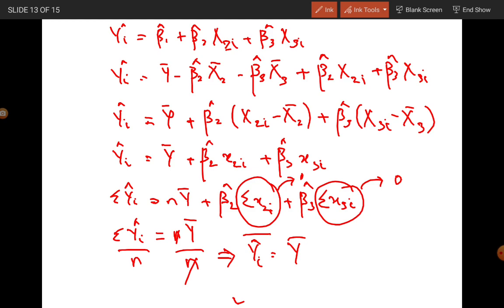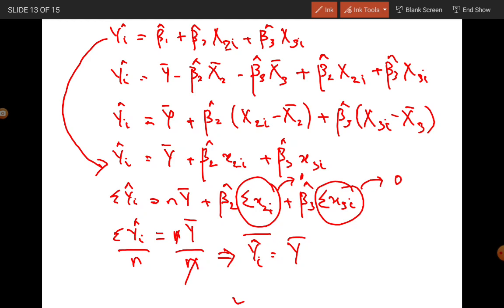Okay, now while I'm discussing this, let me also tell you that the regression equation yi equals yi hat equals beta 1 hat plus beta 2 hat x2i plus beta 3 hat x3i can be represented like this.